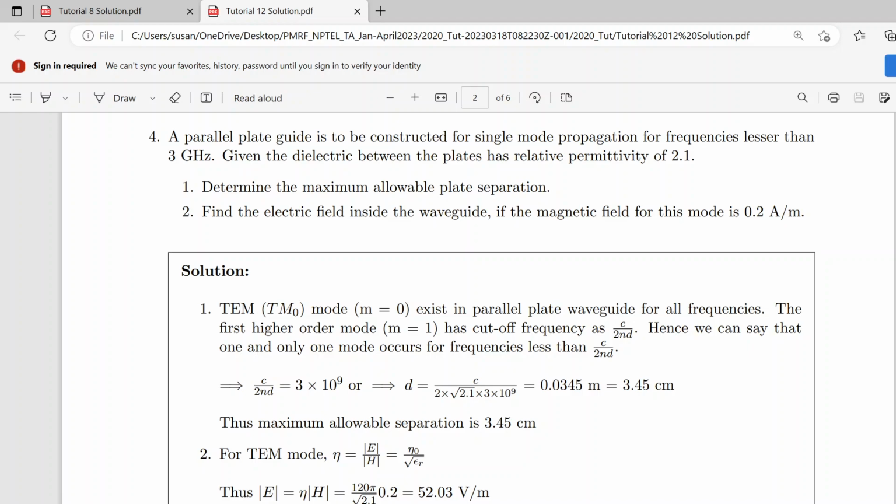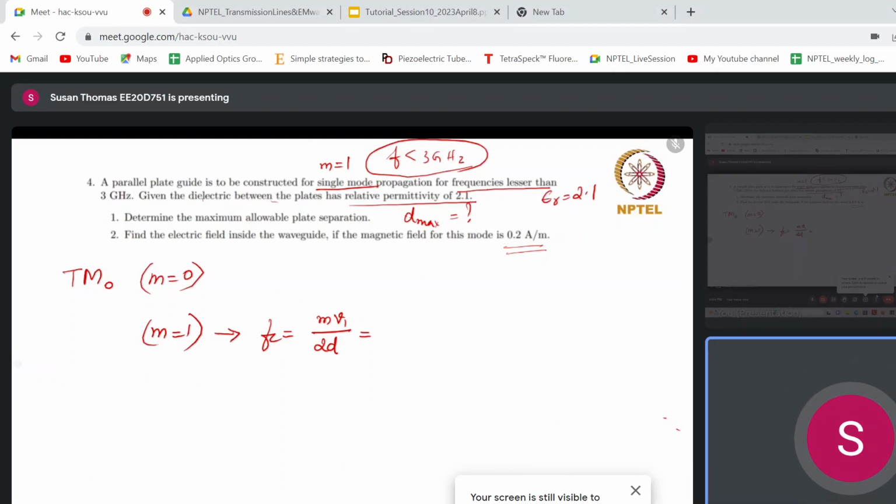A very important thing to remember here is V1 is equal to C only when it's an air-filled guide. But if it is a parallel plate guide filled with some dielectric, then we have to express it as C by root of epsilon r.